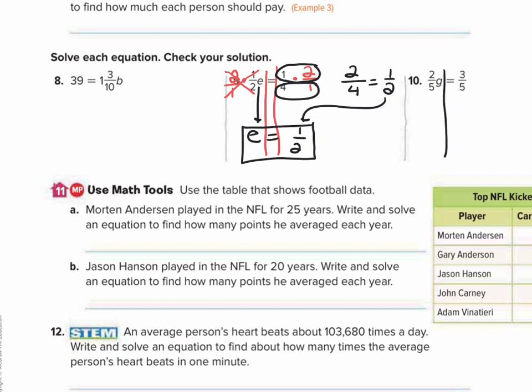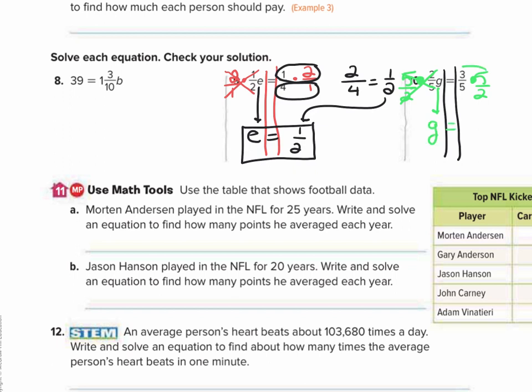Number 10, same thing. We want to solve for G, but it's being multiplied by 2/5. So what I can do is multiply by the reciprocal of 2/5 to both sides. The reciprocal is 5 over 2. And what we want is for these to cancel out, so we get the variable by itself. If that doesn't happen, then you might be multiplying by the wrong thing.